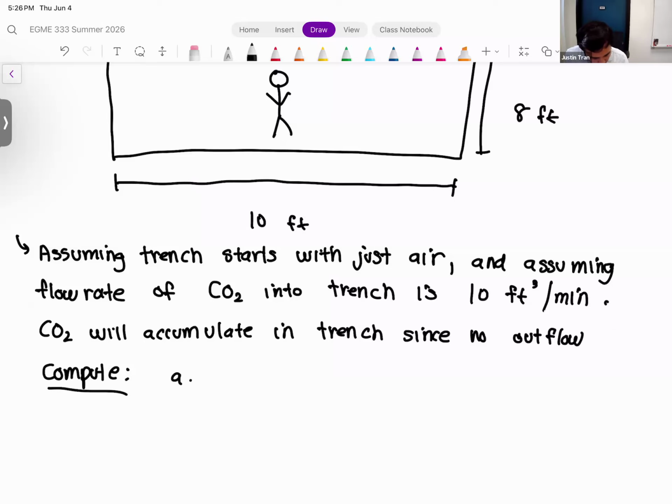First, let's compute the rate at which the height of CO2 in the trench changes with time.